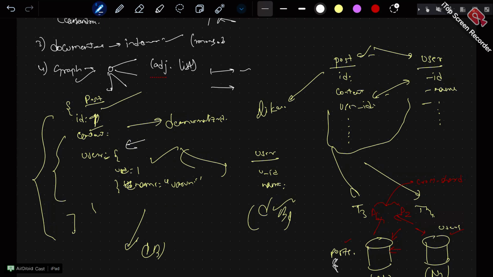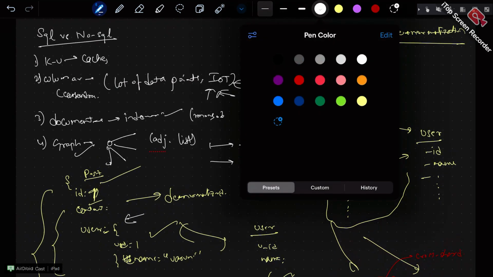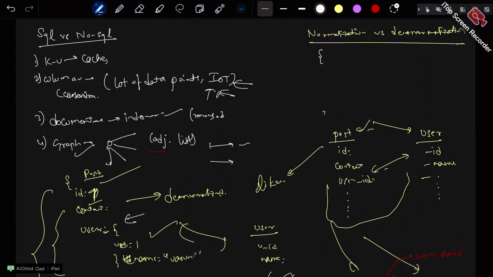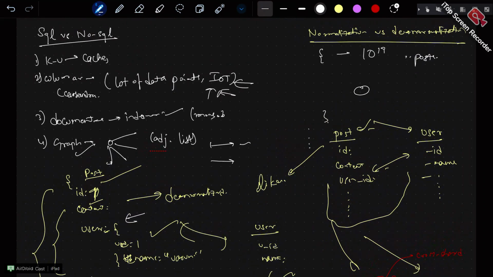So in that case, you can have a huge amount of post data, right? That means you have post data which is very long, and let's say 10 to the power 19 posts are there. Now each post has this data. So what you are going to do is shard the post data.